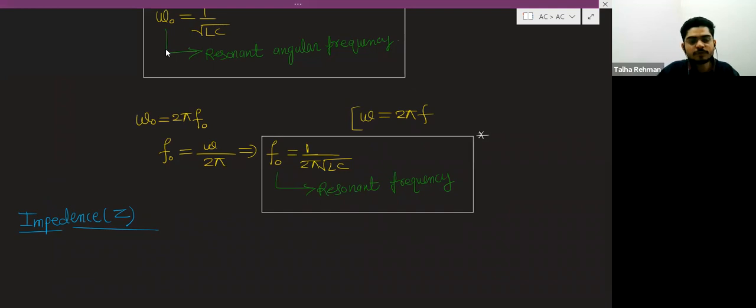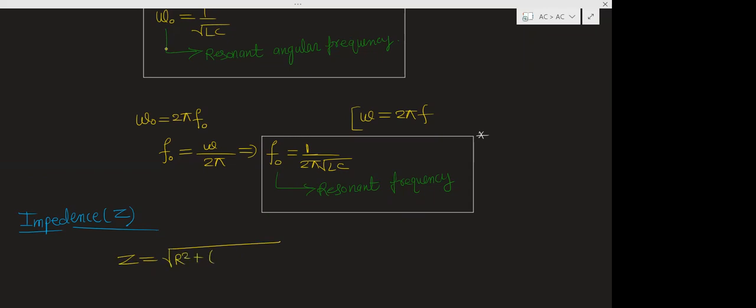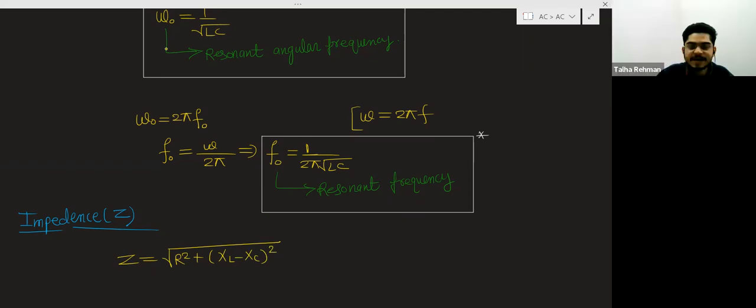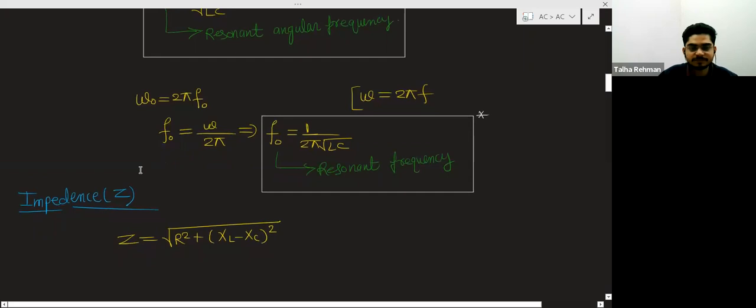Now, what was the formula of the impedance we have calculated? Z is equal to under root of R square plus (XL minus XC) square. But at resonance, we know that XL is equal to XC.